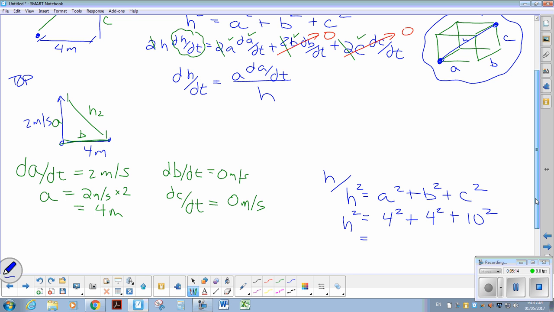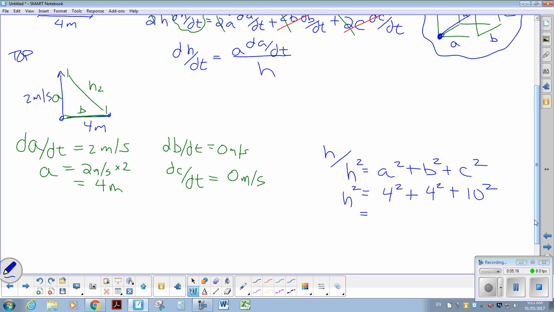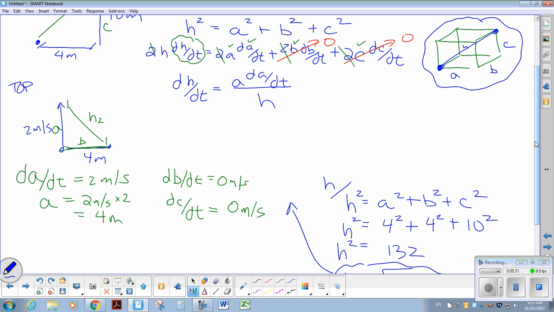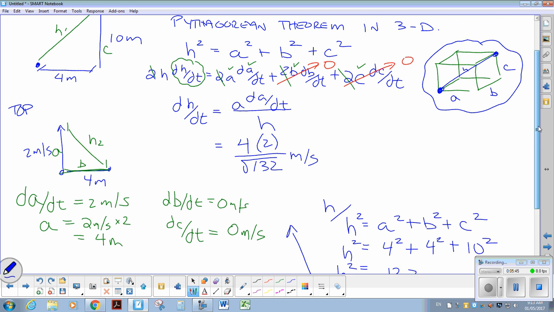So we end up with 16 and 16 is 32, plus 100 is 132, which means that at that point in time, H is the square root of 132 meters. Going back to our equation, plugging in our information, 4 times 2 over square root of 132 is the answer, in meters per second.